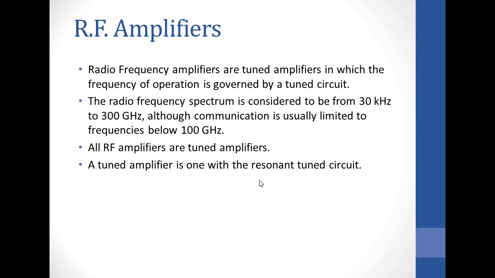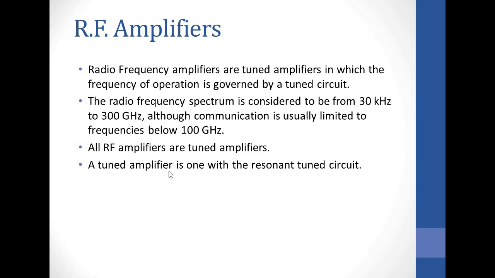So you find out you can have an amplifier amplifying, for example, 1 gigahertz to 10 gigahertz, and it is called an RF amplifier. Another RF amplifier can amplify maybe 10 gigahertz to 40 gigahertz. So there are several RF amplifiers.